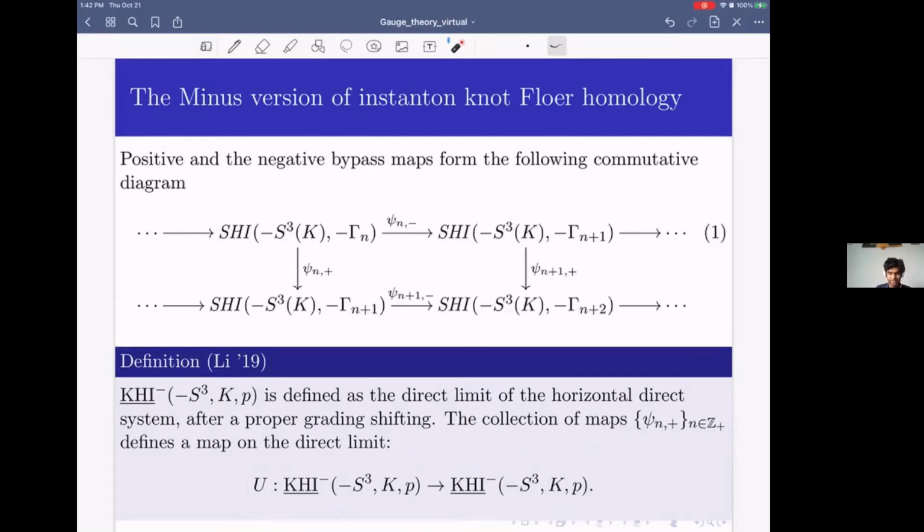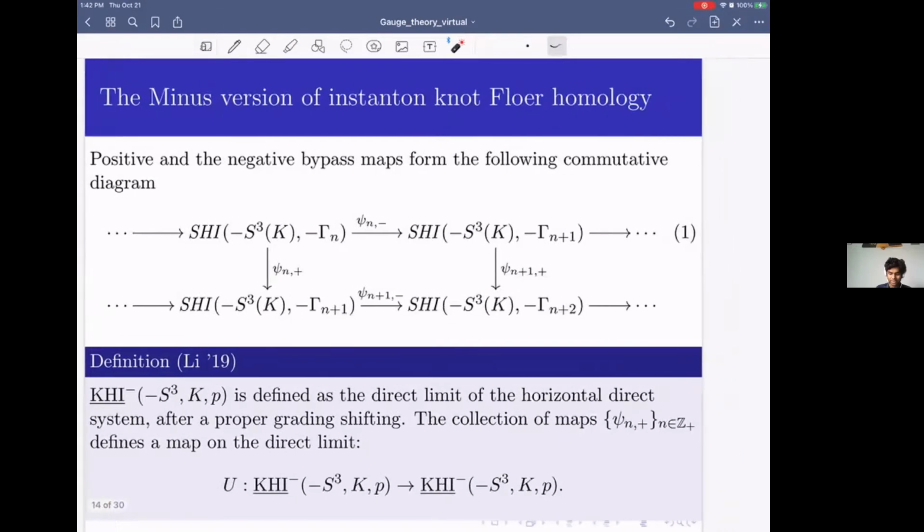So on the instanton side, the minus version is by definition the direct limit of this horizontal system, where the U action is coming from the induced action of the positive bypass on the direct limit. That is how we are looking at this as an F[U]-module.